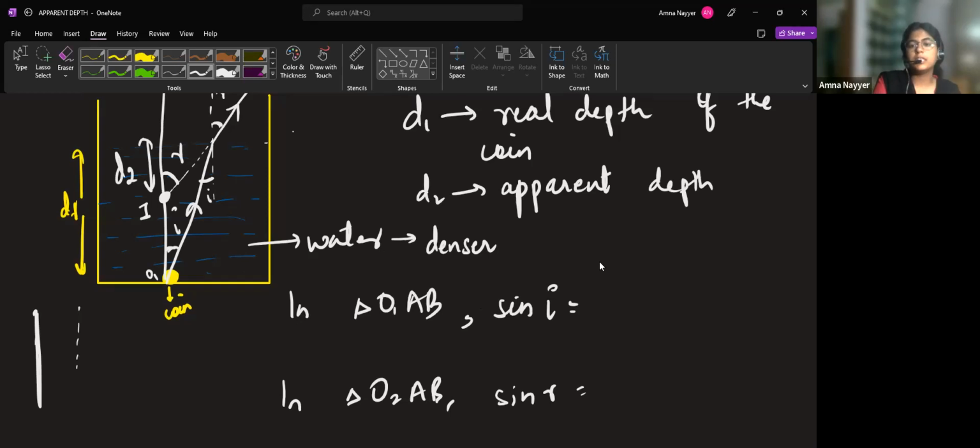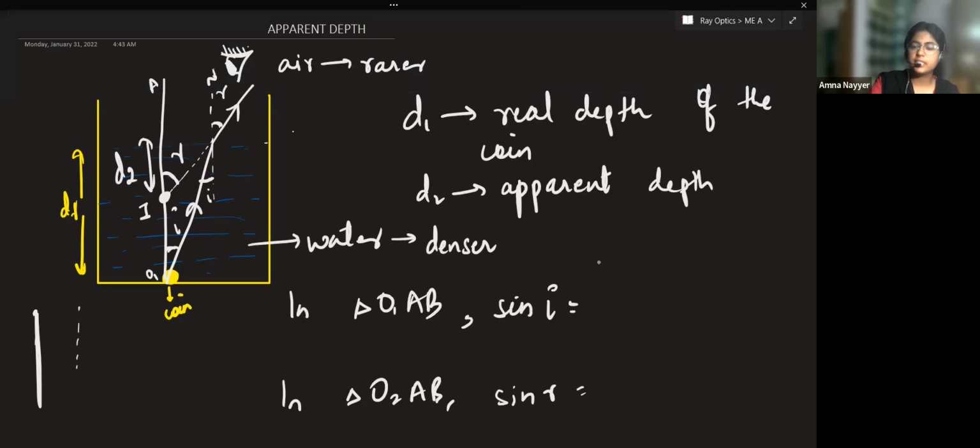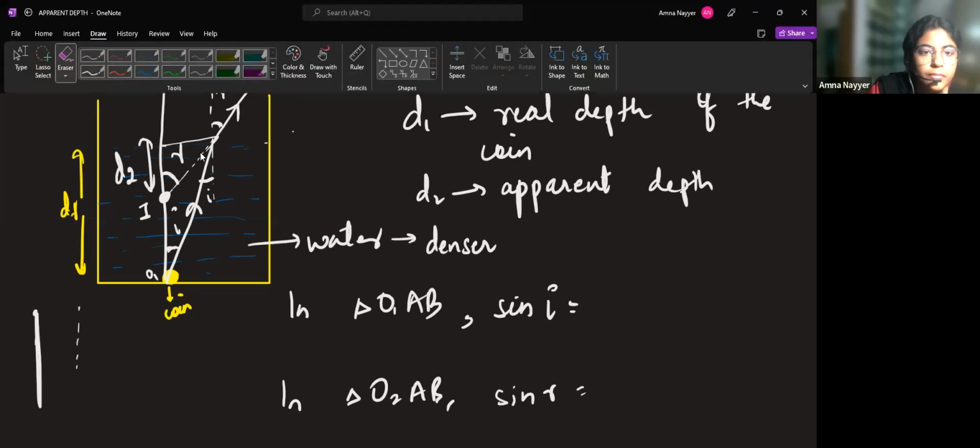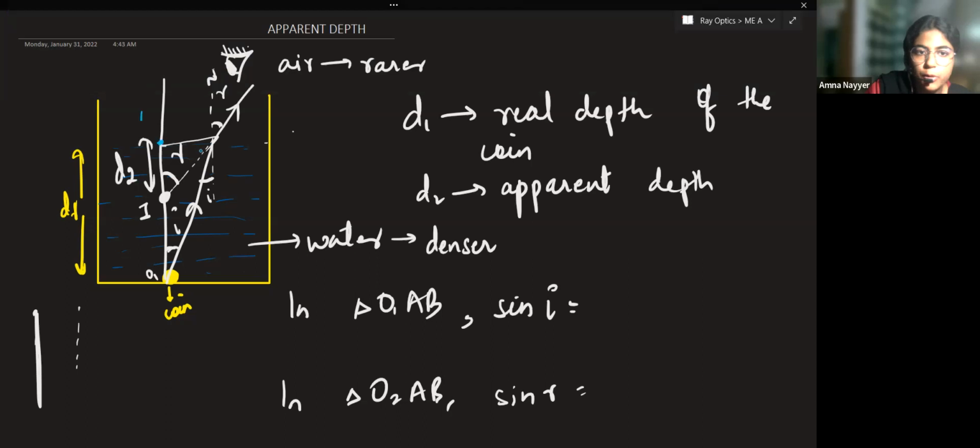Fine. Now see, D1 is the real depth, D2 is the apparent depth. Now see, if you look at the triangle that has been formed, O1AB, two triangles are formed actually here. This is one triangle, and this is one more triangle. See, this is point A. Otherwise, this will become confusing, so let me name the points.